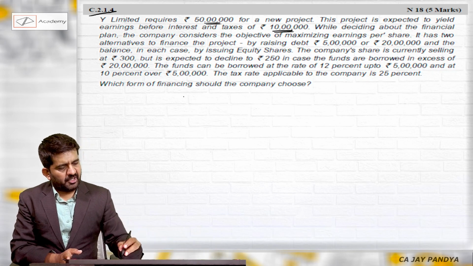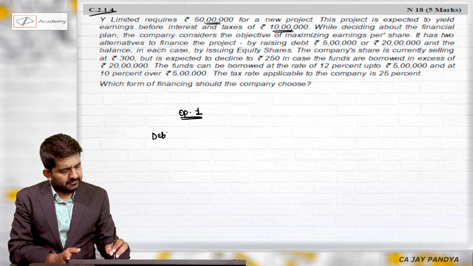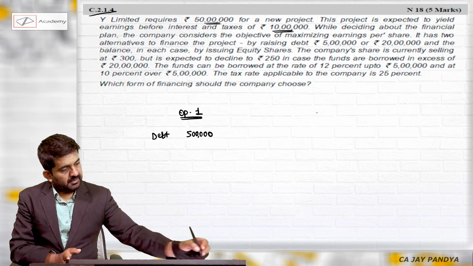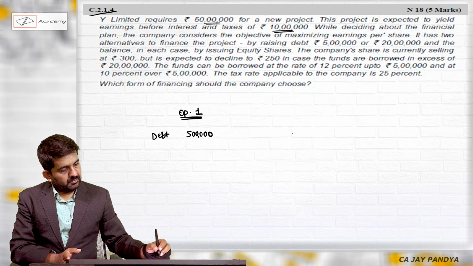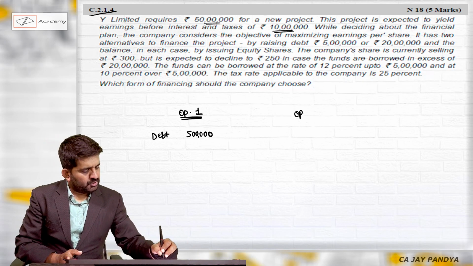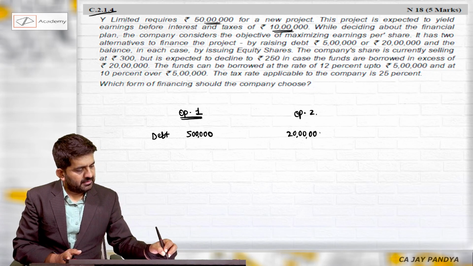It has two alternatives to finance the project. Option number 1 is raising 5 lakh debt, or rupees 20 lakhs, and the balance in each case, so option number 2 will be debt of 20 lakhs.